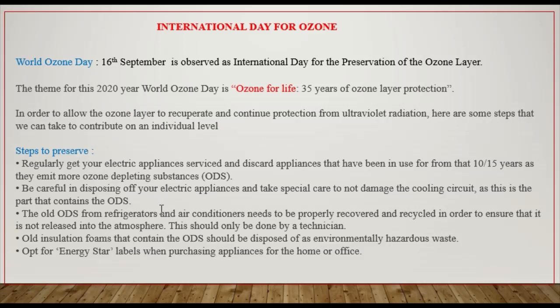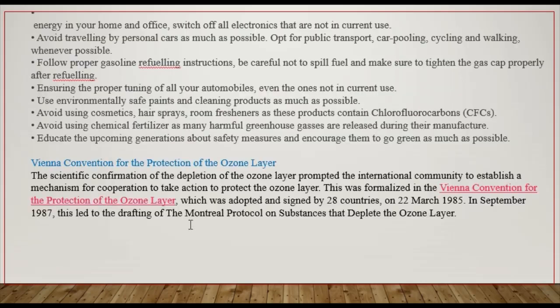They should be properly recovered and recycled. You should opt for Energy Star labels while purchasing appliances. If you see in fridges, we are getting 4-star and 5-star nowadays. So we should see which is more, and accordingly we should purchase.